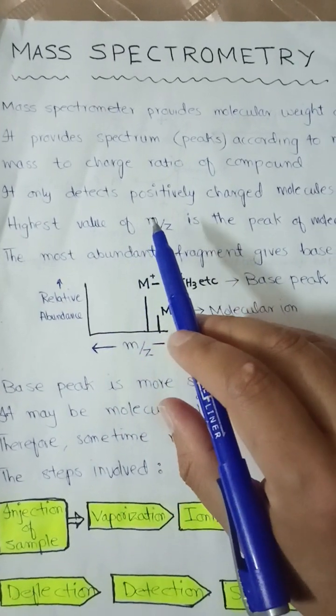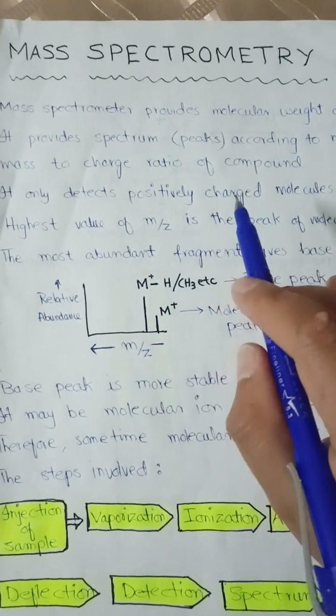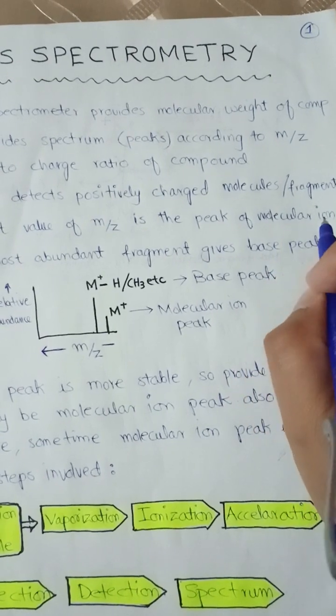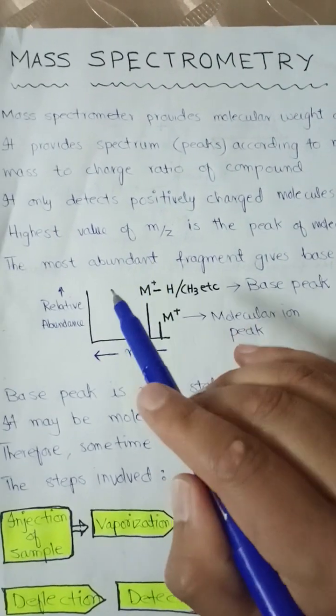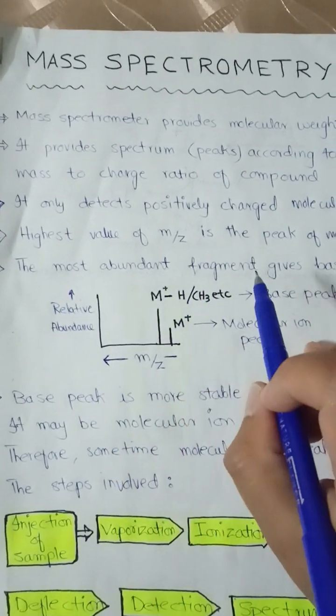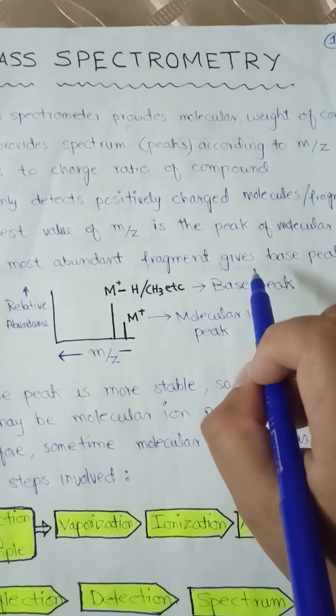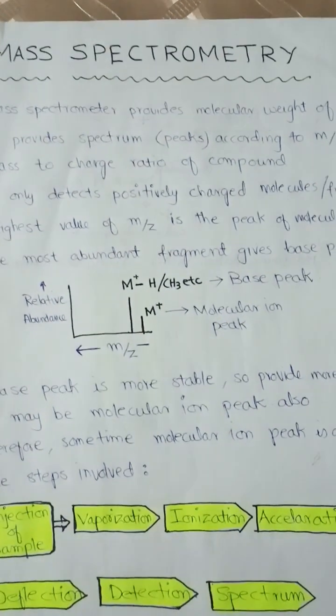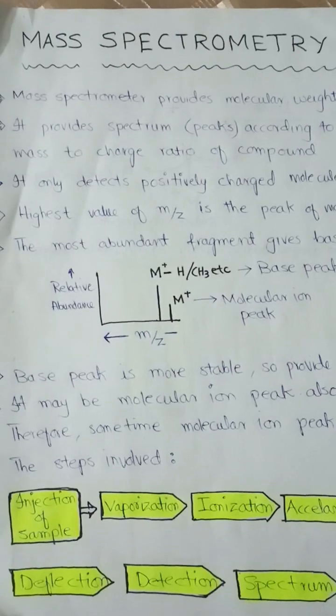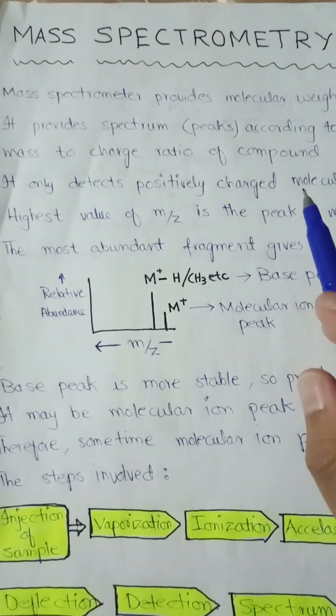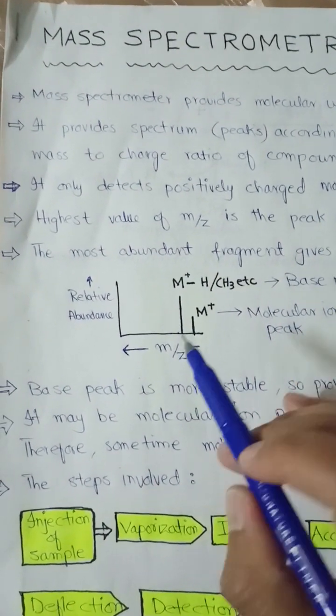The highest value of mass to charge ratio is the peak which is called the molecular ion peak, and the most abundant fragment gives the base peak. So the fragment which is more abundant and more stable is called the base peak.